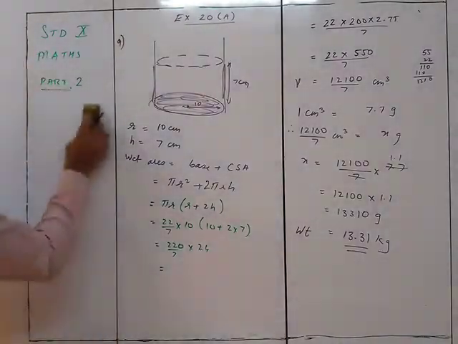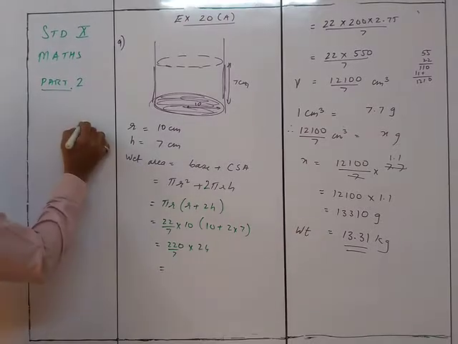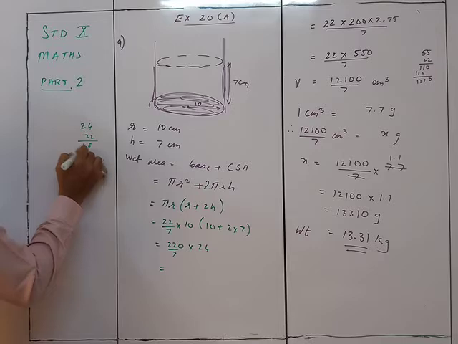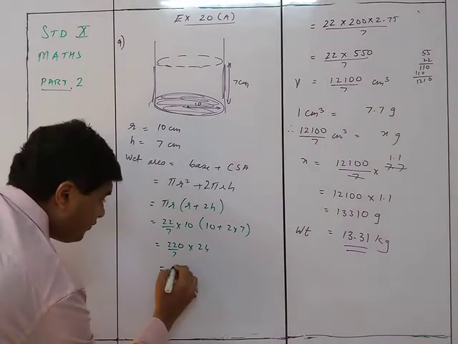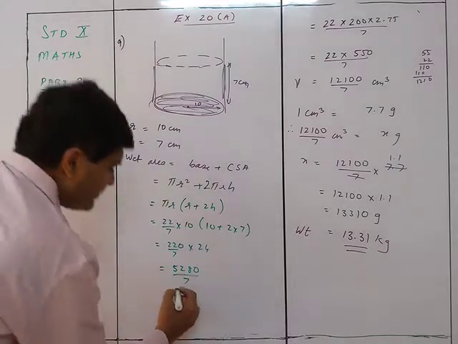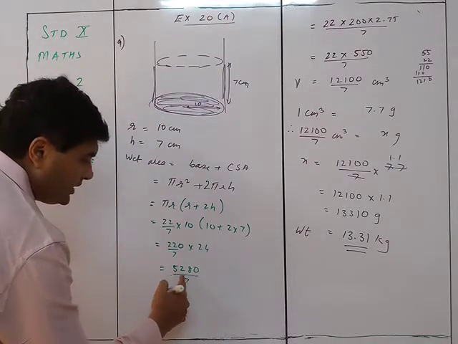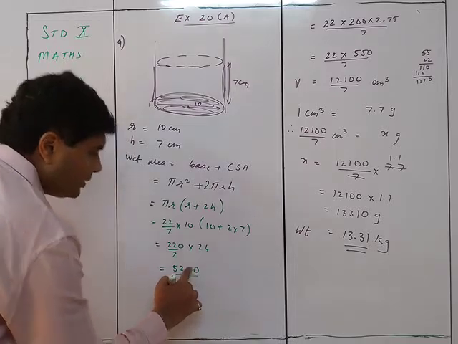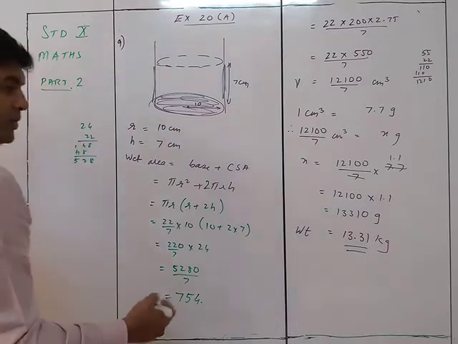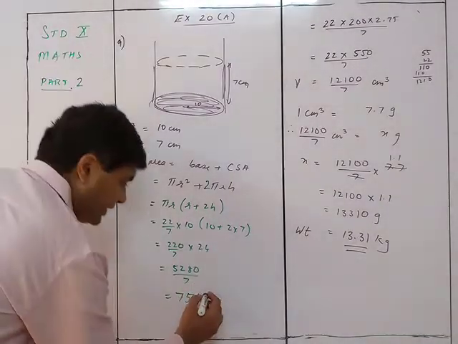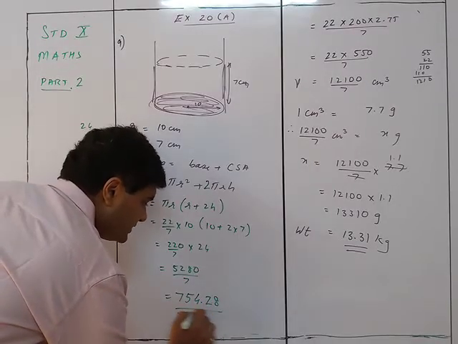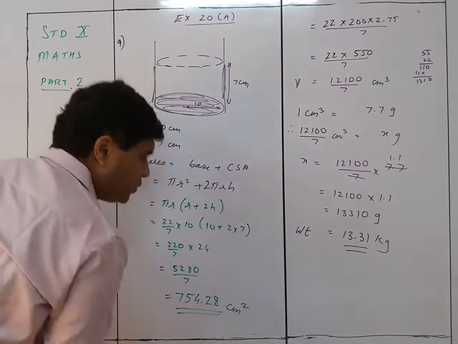So that will give me 24 into 22, 48, it's 5280 upon 7. So it is 754.28 centimeter square.